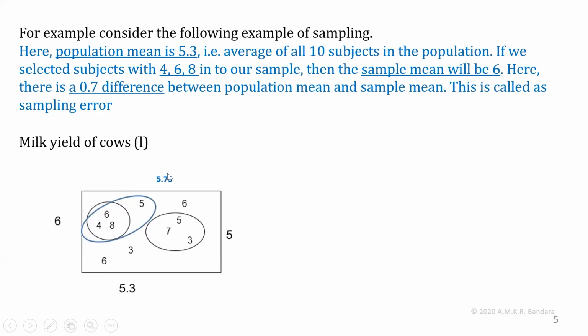The sample mean of the new sample is 5.75. Here the sampling error is 0.45. Earlier it was 0.7, now it is 0.45. So when the sample size increases, the sampling error will reduce.